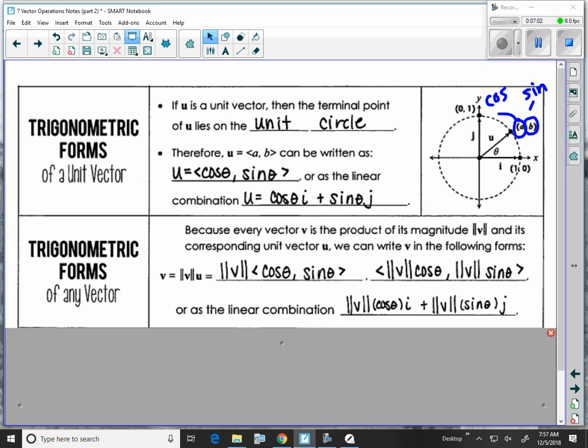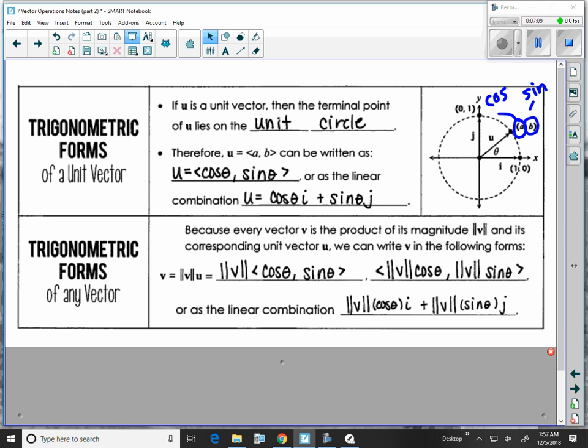If we want to write it as a linear combination, instead of component form, here's what that would look like. That's just with the i's and the j's instead of your regular component form with the arrows.